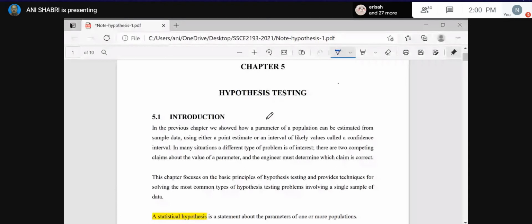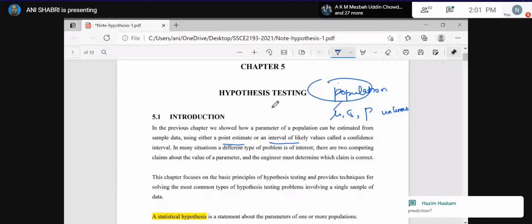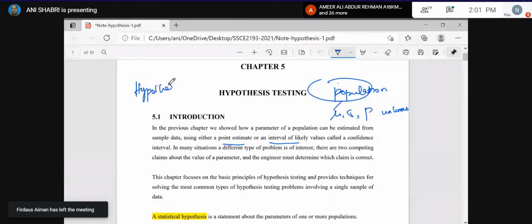Okay, for today we go to the hypothesis. What is the hypothesis? What do you know about the hypothesis? Okay, apa itu hypothesis? What is hypothesis? Okay, siapa tahu hypothesis? Estimation. Okay, estimation.